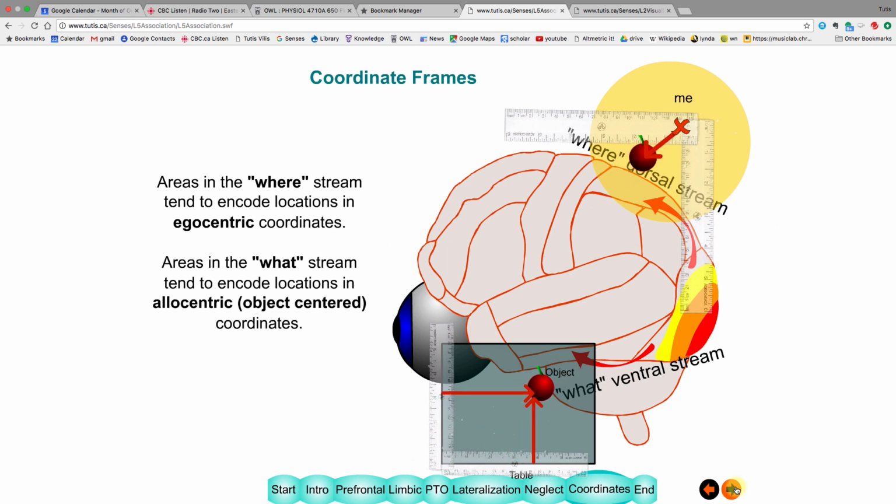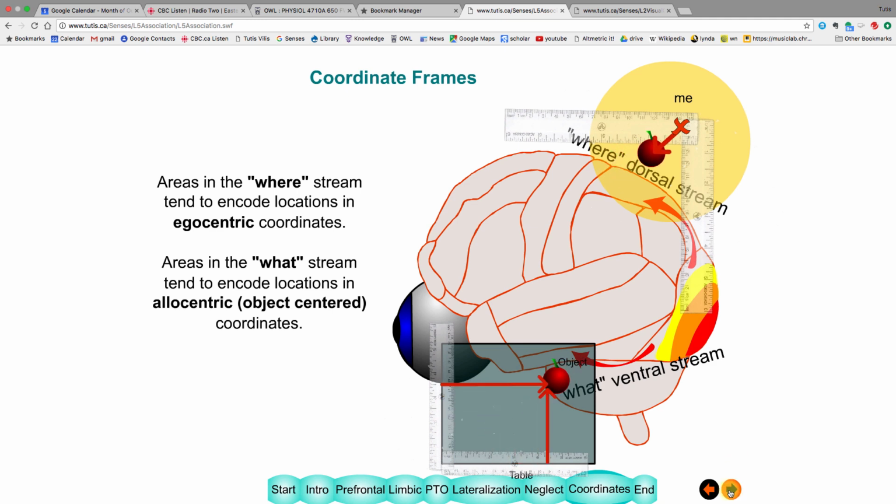What's interesting about all this is that we saw these frames with the streams. We had a where stream heading up over the cortex, and we have another stream heading down below the cortex. And this stream here works in allocentric coordinates, whereas this stream here works in egocentric coordinates.